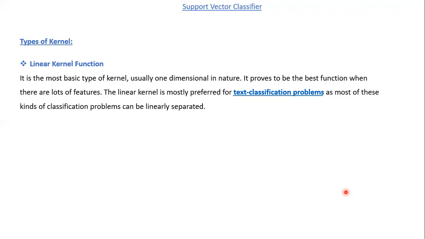So when we have many features in our data set, this is one of the best functions which we can use. This kernel is mostly preferred for text classification problems, as most of these kinds of classification problems can be linearly separated. We know that linearly separated means we can draw a line and separate the data.